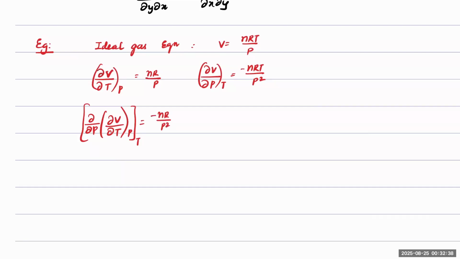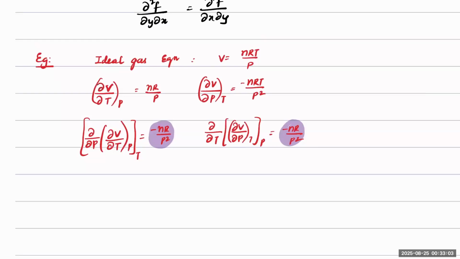And here, ∂/∂T of ∂V/∂P at constant pressure will be equal to minus nR by P square. So you can see both of them are giving exactly the same values. You can see this value and this value, they are the same. So that concludes that volume is a state variable.